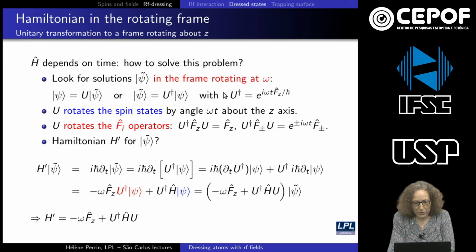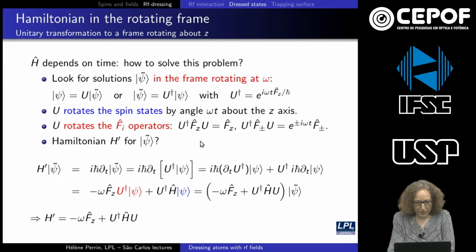So let me introduce the rotation operator by angle omega t about the z-axis, the operator U. U dagger now writes exponential i omega t Fz divided by h bar. And my state psi tilde will be equal to U dagger psi, or equivalently, the initial state psi is equal to U psi tilde.